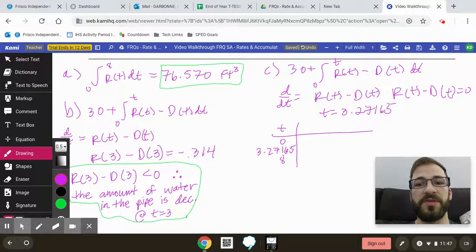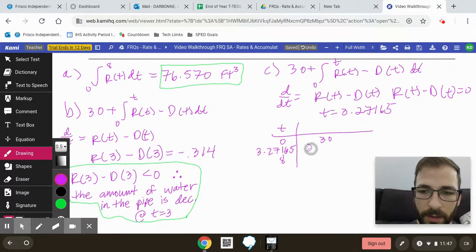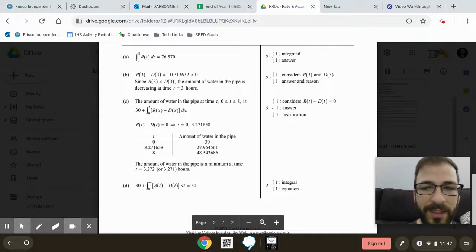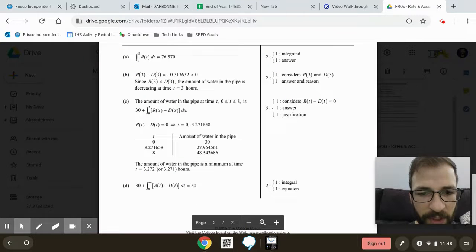I'm just going to pull those values real quick. So 30, 27.964, and 8. Oh, sorry. At 8, 48.543.